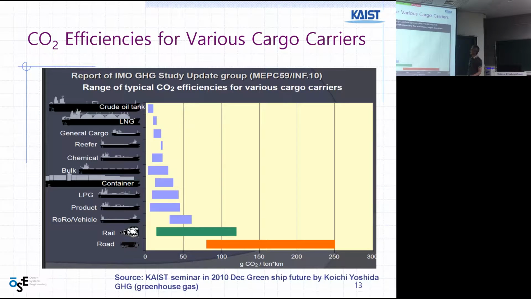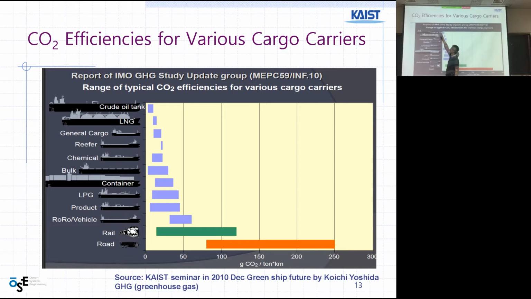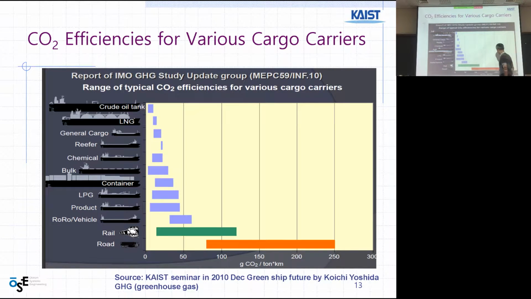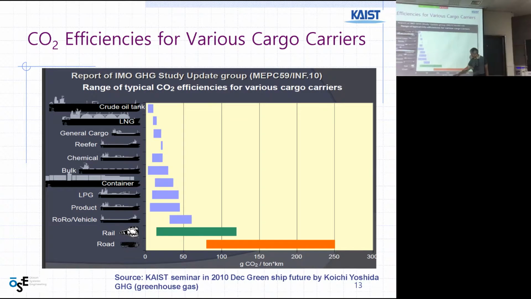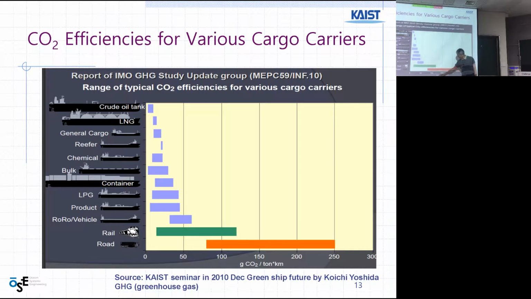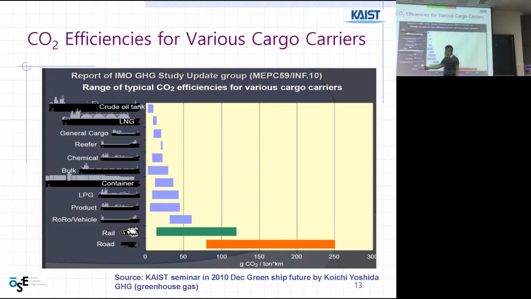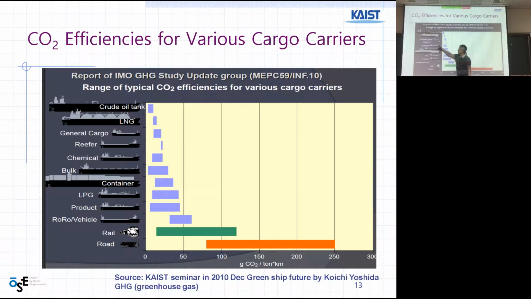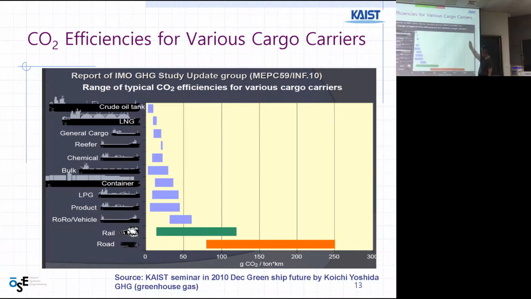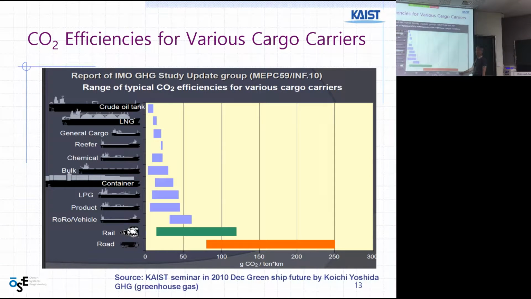But this is just a rough comparison because this is a big ship, biggest ship, so per ton, you need to know the ton kilometer divided by grams of CO2 generation. So the small one is not good, right? So truck is smallest, and rail, and smaller ships, and then big ships. But you can see that the size difference is 100 times.